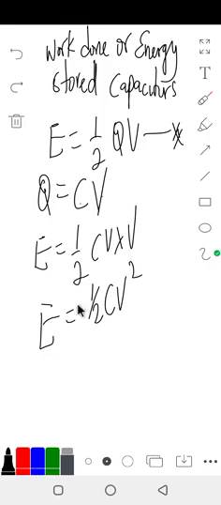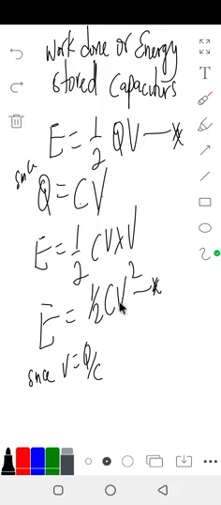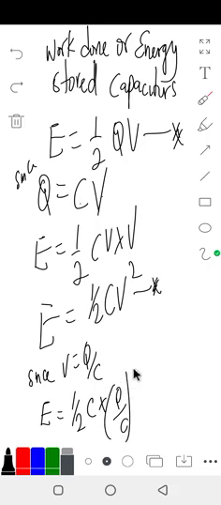From here, if you make V the subject of a formula, take note of this formula also. Since V equal to Q over C, change V in this formula and we have E equal to half C times Q over C, everything raised to power 2.